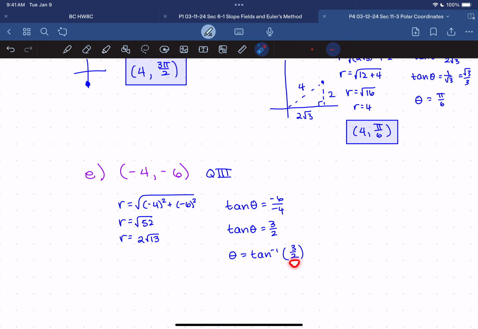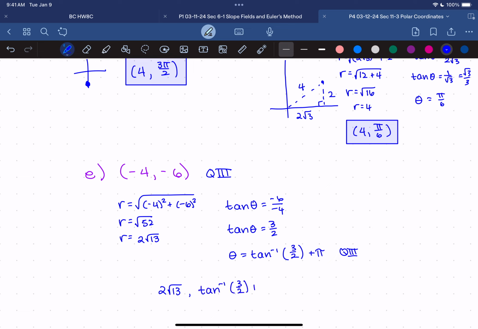The ratio is positive, and the output for tan inverse is only in 1 and 4. Tangent is positive in quadrant 1. I want to get over here to quadrant 3, so I'm going to add pi to do it, to make sure that I'm in quadrant 3. So just watch out for that. Make sure that you're in the right quadrant.